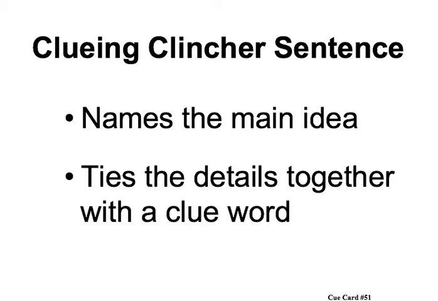The second type of clincher sentence is your cluing clincher sentence. This names the main idea and it ties the details together with a clue word. So you can go back into your SIM packet and you could take a look at the different clue words that are listed for you. You're always going to include a clue word in the clincher sentence if that's the type of sentence you'd like to use.